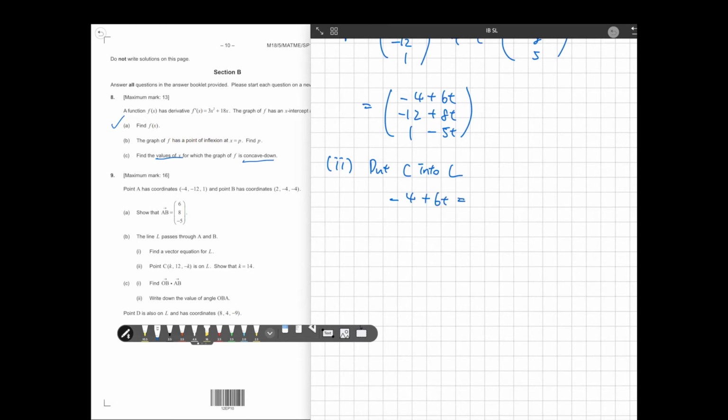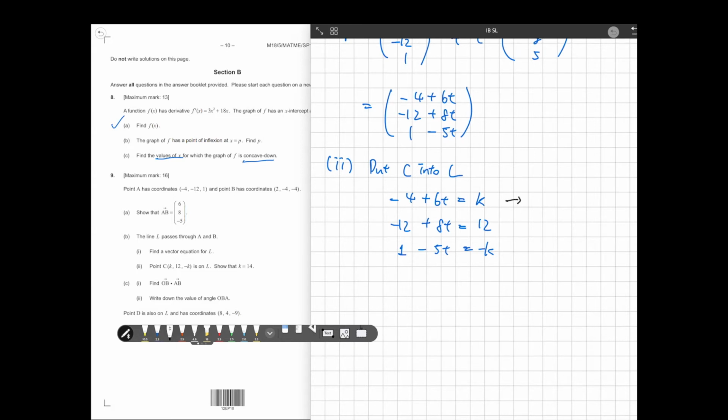So -4 plus 6t is equal to k, -12 plus 8t is equal to 12, and 1 minus 5t is equal to -k.